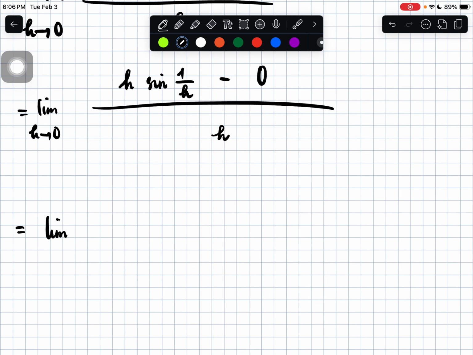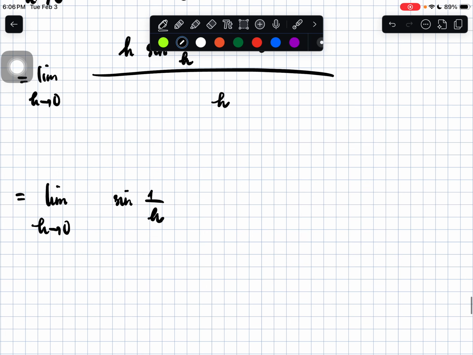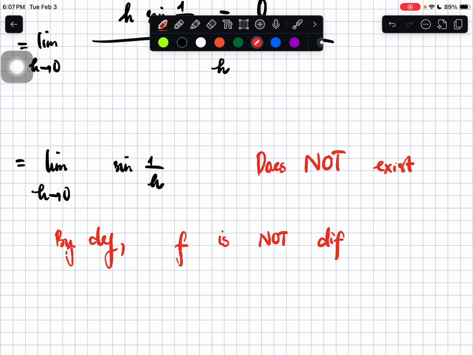This is the limit as h tends to 0 of h sine 1 divided by h, all divided by h. The h divided by h cancel out. What's left is sine of 1 divided by h. This limit does not exist. And by definition, f is not differentiable at x equal to 0.